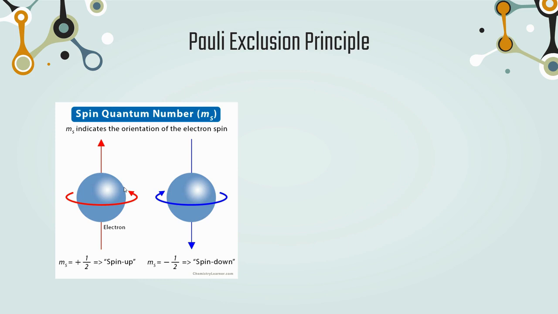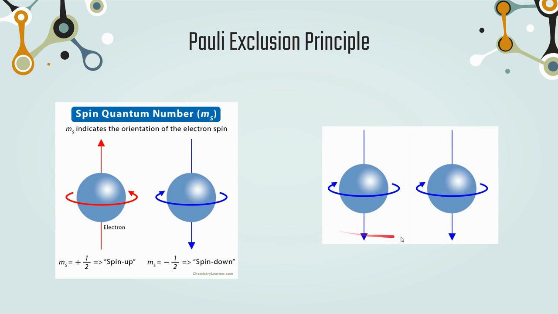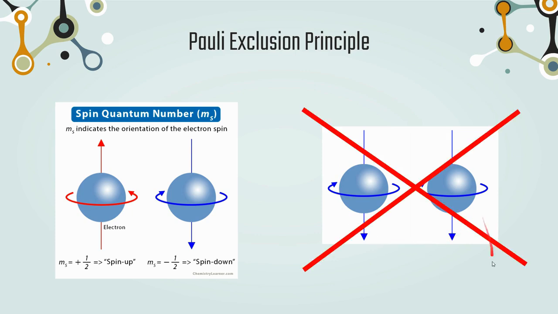It kind of minimizes the energy when they're spinning in opposite directions, even though they're the same charge. So if we were to try to put 2 electrons in together, both with the same spin, what would happen is that these electrons would repel one another. So we can't have a situation like on the right here. It has to be opposite spins if they're paired.